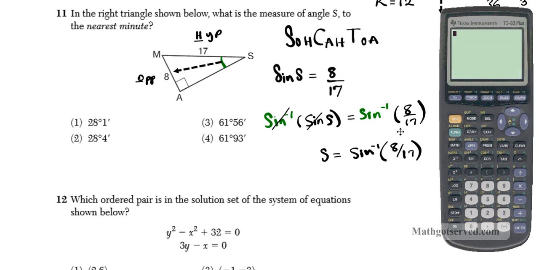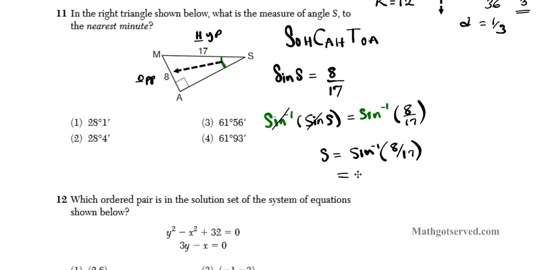All right, so now I'm going to enter this expression: inverse sine, second function sine, of 8 over 17. And your answer is 28.0724 degrees. Let's write that down. This is in degrees, and this is in decimal.